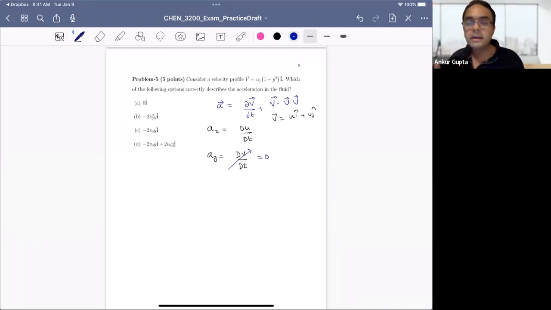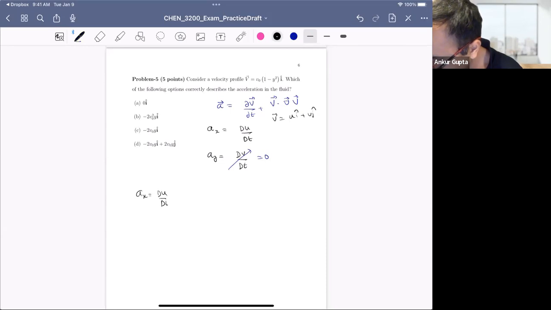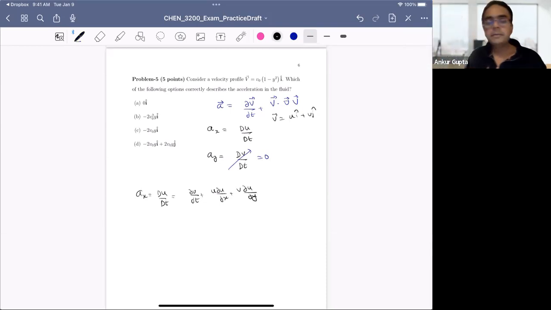So the main thing I have now is the acceleration in the x direction. So then ax becomes du by dt, which is equal to del u by del t plus u del u by del x plus v del u by del y. Right?